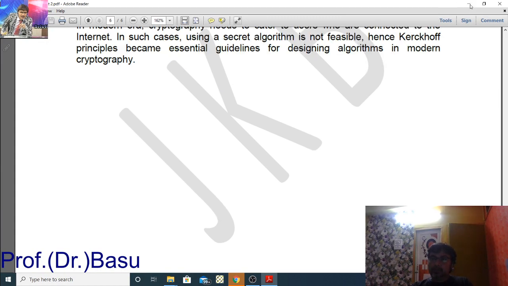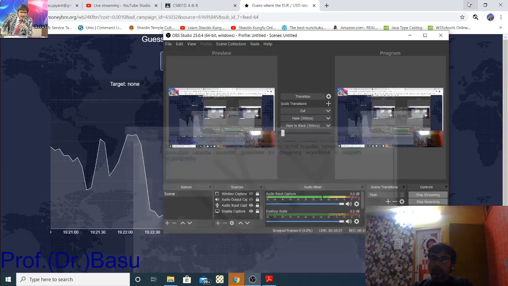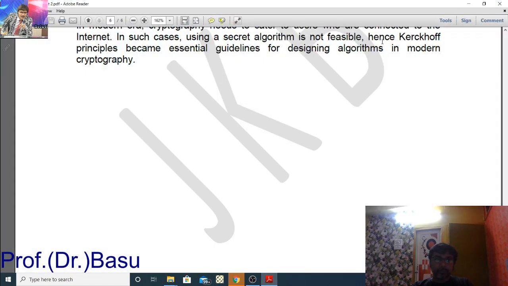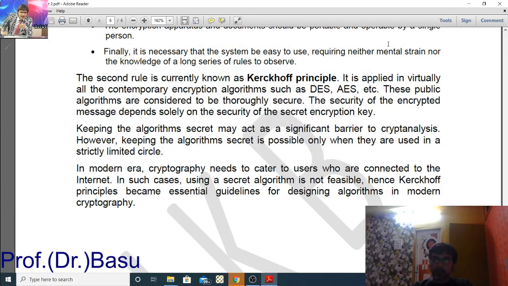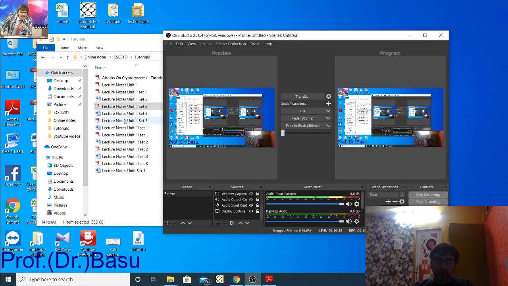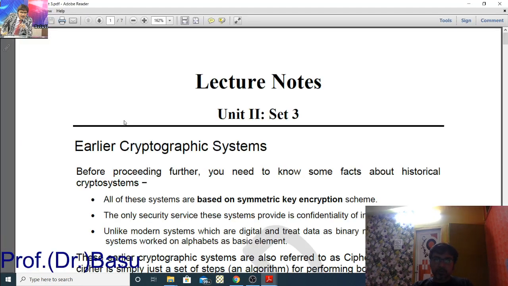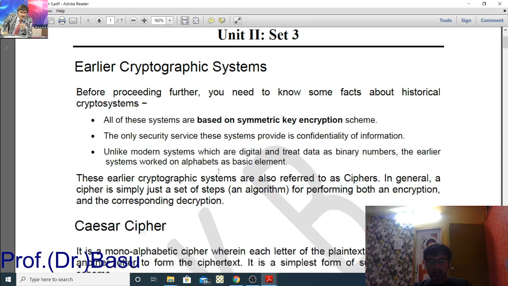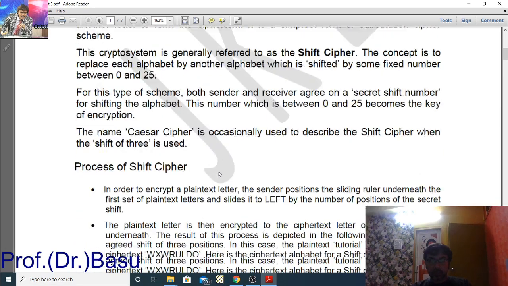So let us go to the next chapter, where we will discuss the different methods of this cryptosystem. As we know, many methods were used in the early days.